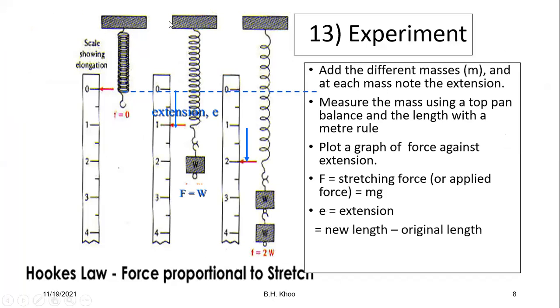That's your new length. There's a reference point there. There's the original length. So we subtract, get e. k is the spring constant. So F is equal to ke.